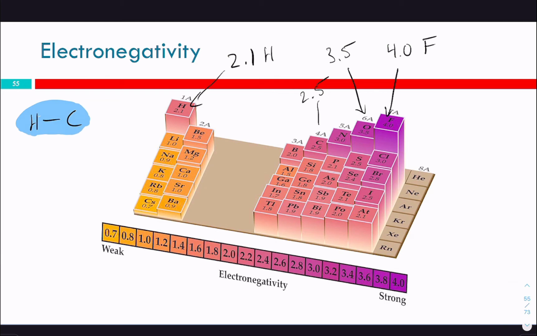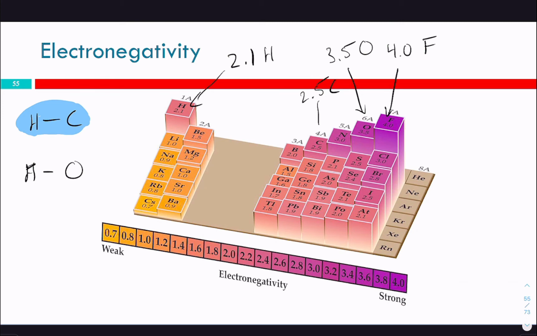There would not be a dipole moment there. If we instead had hydrogen and oxygen, 3.5 for oxygen and 2.1 for hydrogen, that's a lot bigger electronegativity difference than between carbon and hydrogen.